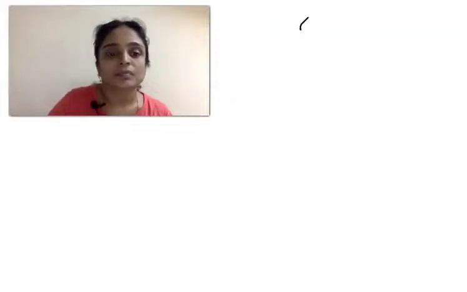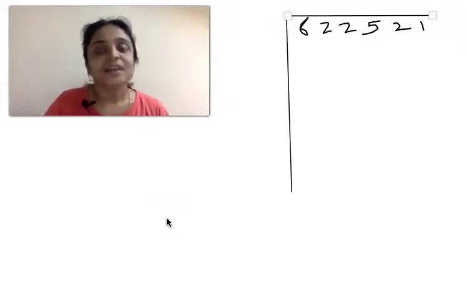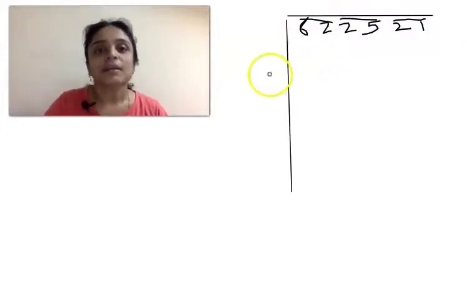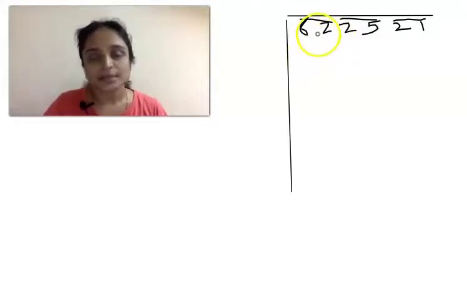Okay. Now, let us find square root of 622521. So, the first step is divide it into pairs. So, from here we have to group it. Right? Now, find a number such that its square is less than 62. 8 square is 64.